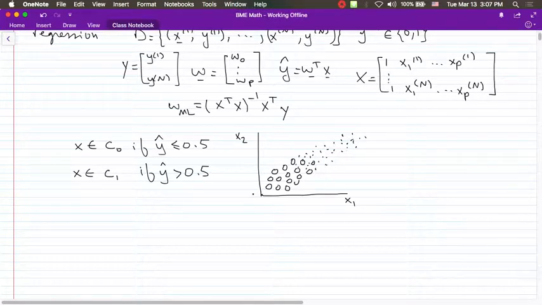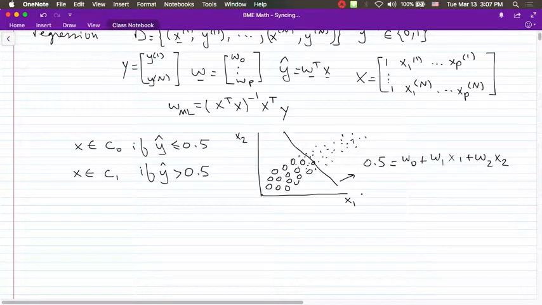All right, so this was your data. And so, these circles here meant that that was class, say, 0. These dots meant that that data belongs to class 1. You solve for W, you find the weight that gives you a model. And now what we're going to do is use this to plot the classifier. So you're going to see a line that looks like this, where this line is equal to the following: 0.5 is equal to W0 plus W1 X1 plus W2 X2.